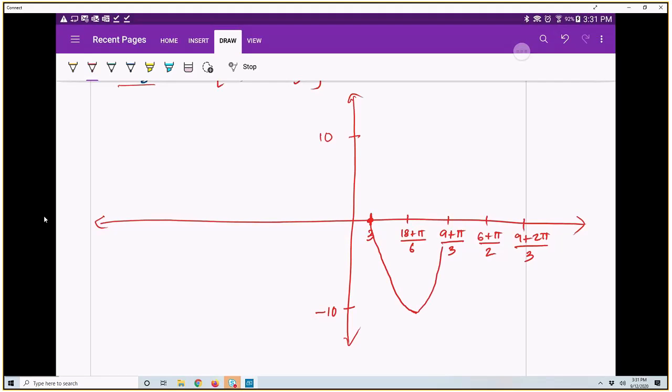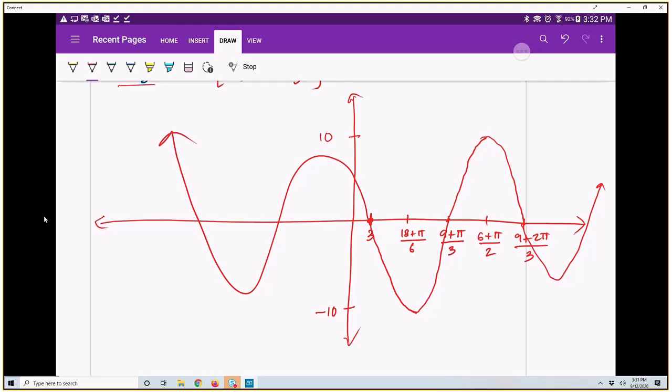Then I should go up, become 0, up again, become highest at 10, and come down once more to become 0. And that's the full period of this transformed sine function. As usual, I can do this just to let our audience know that this is a periodic function. It keeps this periodicity over the entire domain of the real numbers.